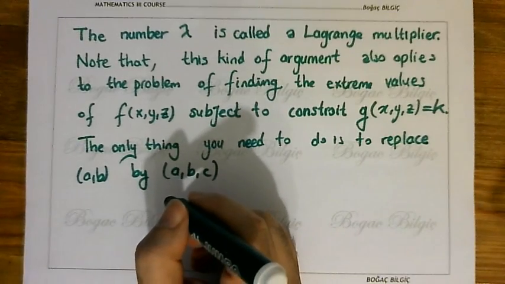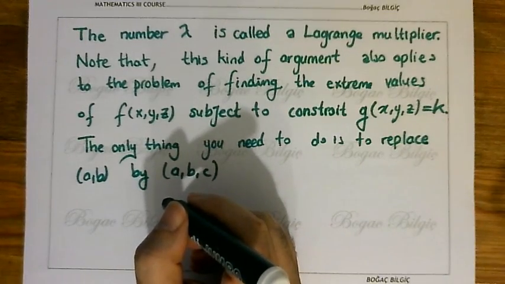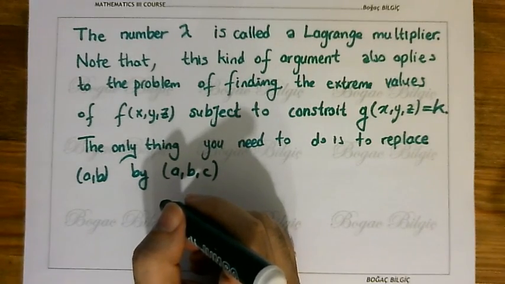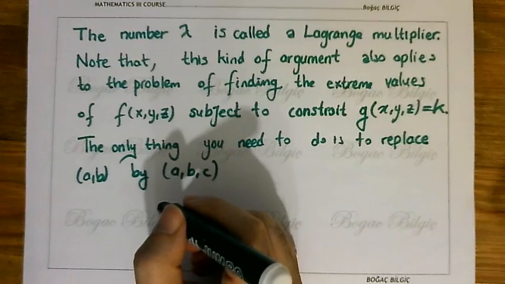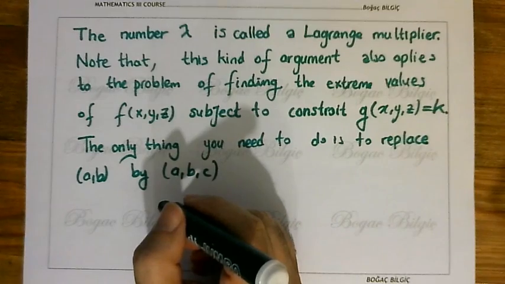The method of Lagrange multipliers uses Lagrange's theorem to find the extreme values of a function f subject to a constraint. We state it for the case of functions of three variables.